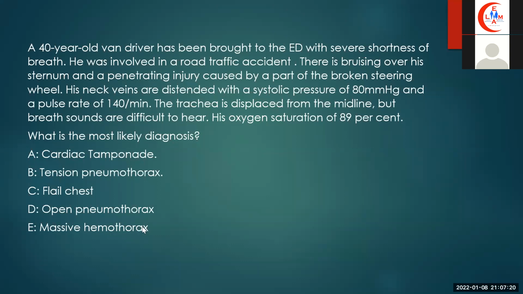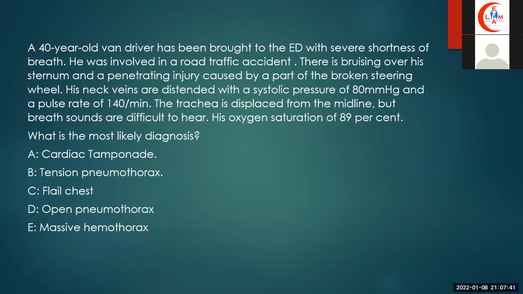Massive hemothorax can cause it, yes. But here, the important thing you need to think about is tension pneumothorax, because if you miss this and you don't treat it immediately, the patient will die. So the first thing you have to think about is tension pneumothorax.